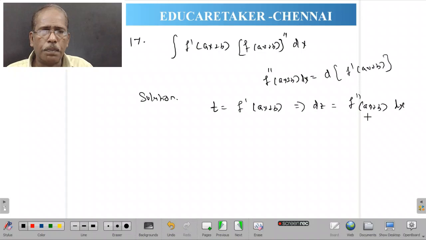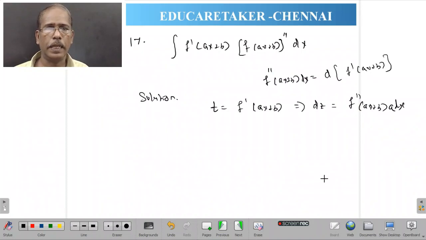But if we apply the chain rule, a should come here. For example, t equal to f dash of ax plus b means dt is, by chain rule, f double dash, then we have to differentiate ax plus b, which is a dx.